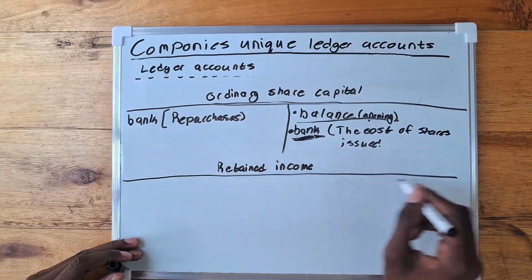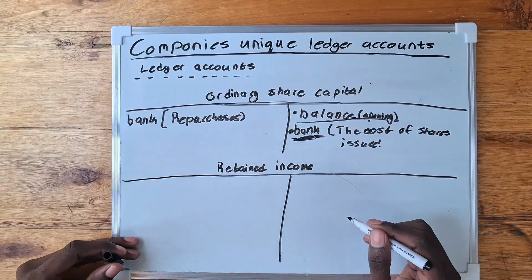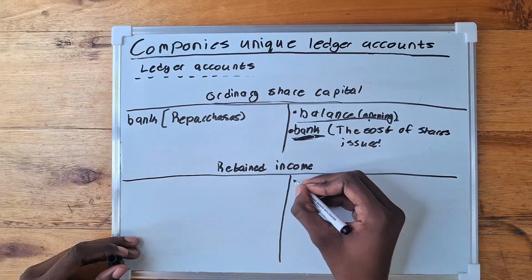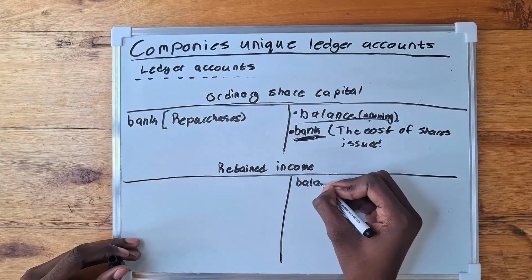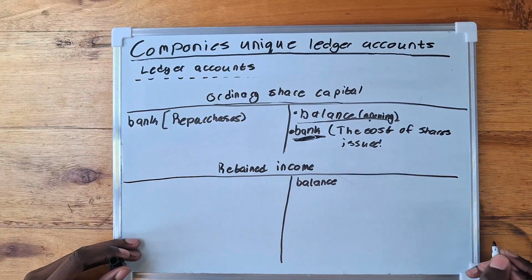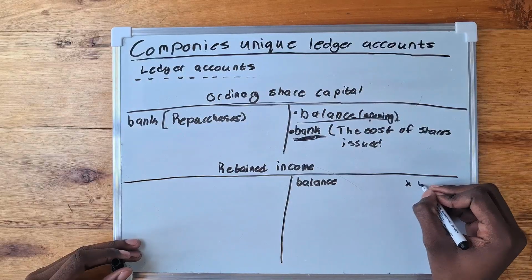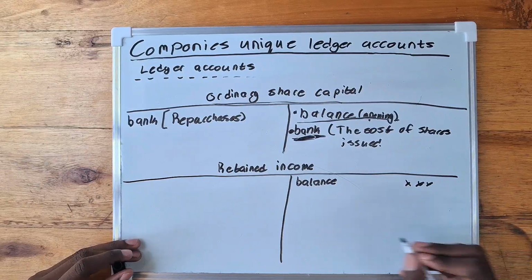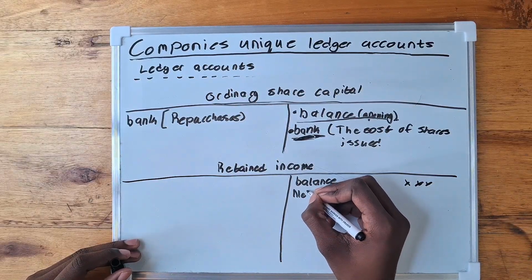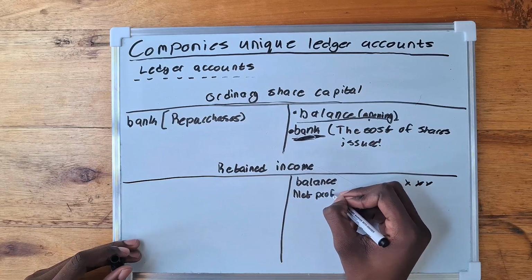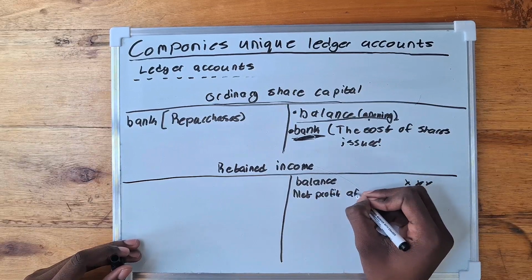So we have our T account. The first thing that you want to plug in here is your balance. It's usually given in your trial balance, you plug it in. Then the next thing that you want to put in is your net profit after tax.